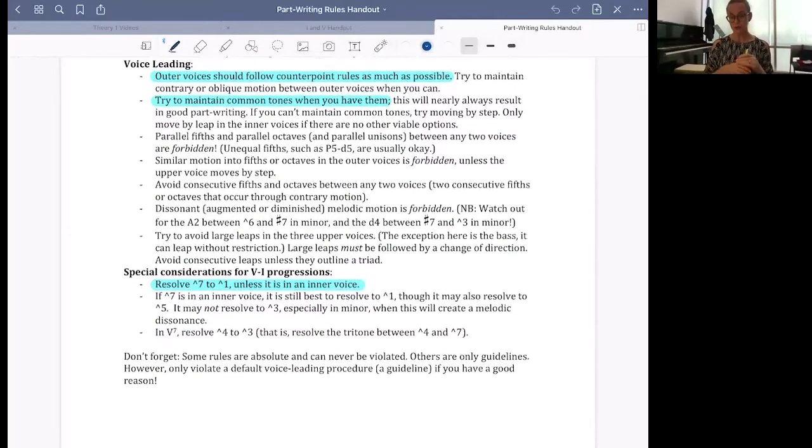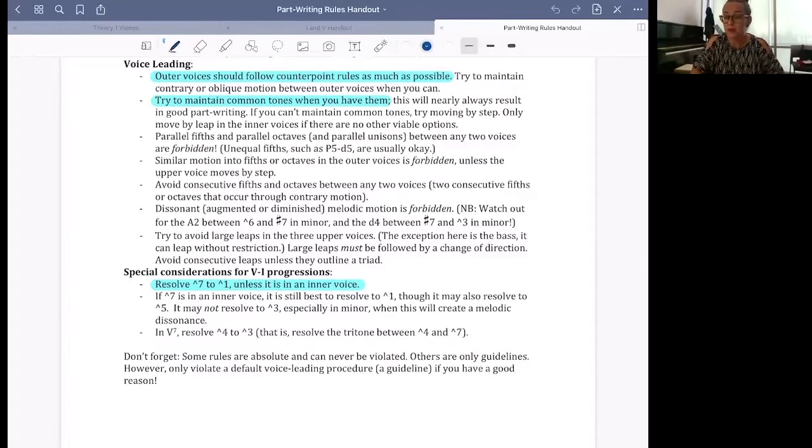Now let's talk about voice leading. This may seem like it's completely different than the counterpoint that we did all last unit, but actually it is very, very similar. We're just dealing with some extra stuff in the middle. Your outer voices, so again, when I say outer voices, I mean soprano and bass, for the most part are going to exhibit what would be good counterpoint.